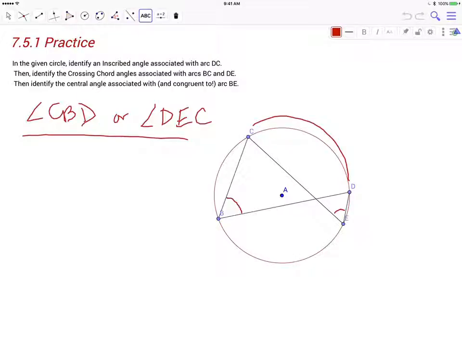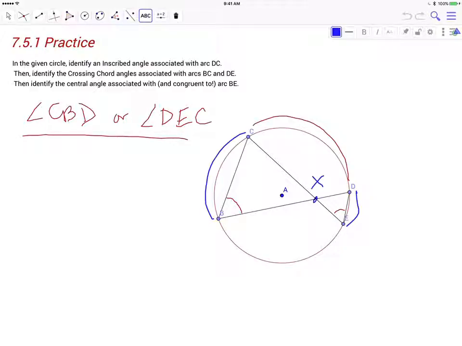Then identify, let's see if we can do this in blue, crossing chord angles associated with arcs BC and DE. Oh, and I didn't label them, so I should have done something right in here. Maybe you did that. Let's call this X. Should have labeled that for you.